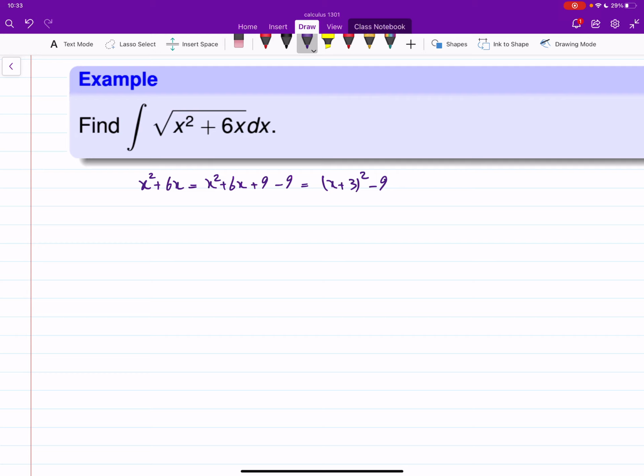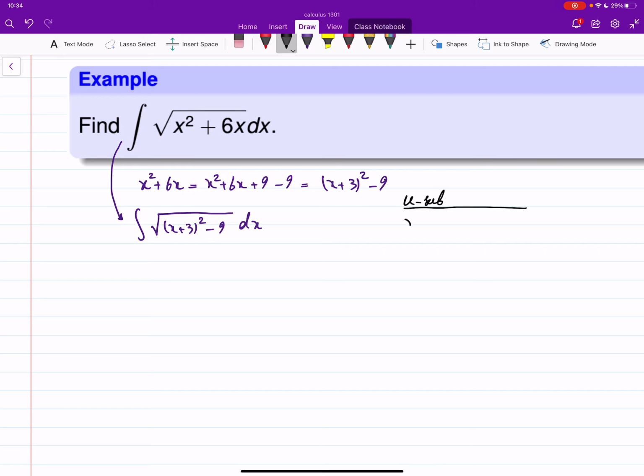And then I can use x plus 3 squared minus 9 dx here. I can either use it straight, or you just use u substitution.